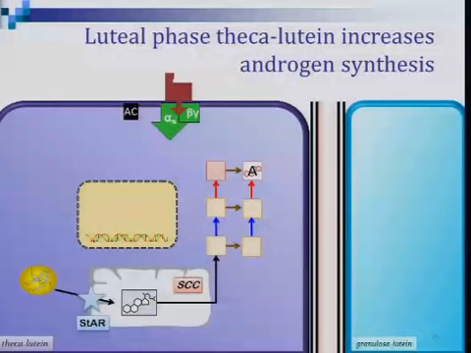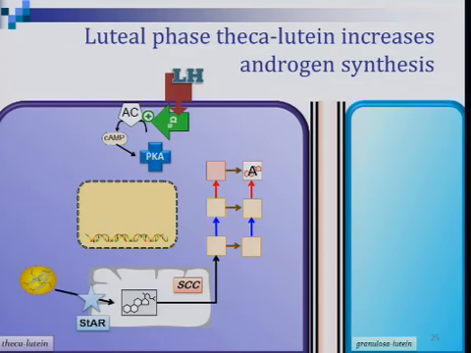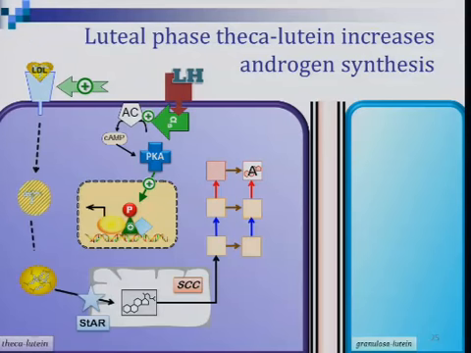Here's a luteal phase theca lutein, which increases its androgen synthesis. It's still got LH receptors. Now PKA's transcriptional program leads to stimulation of additional LDL receptors, which increases the precursors for steroidogenesis.